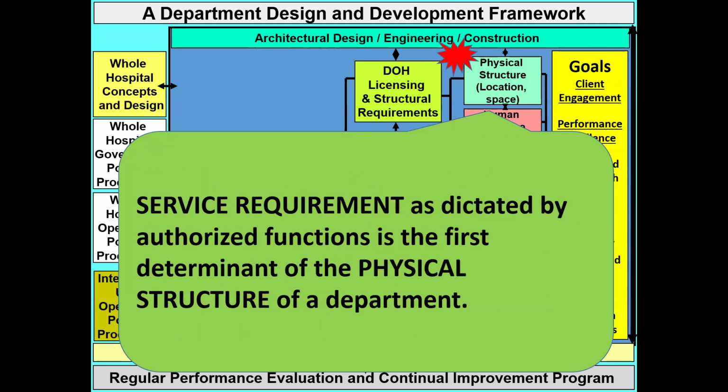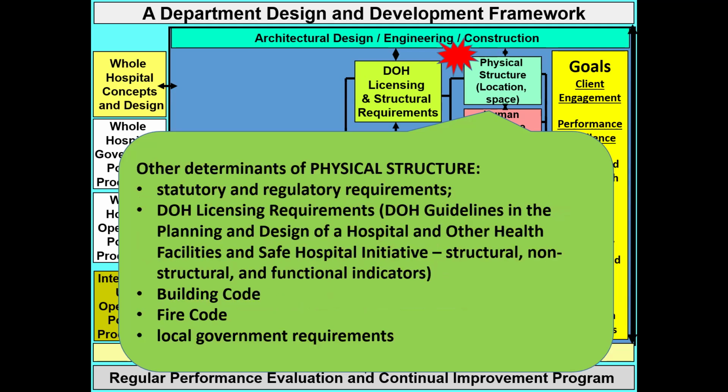The service requirements as dictated by the authorized functions is the first determinant of the physical structure of a department. The other determinants of the physical structure are the following. Number one, statutory and regulatory requirements: Ministry of Health or DOH, Department of Health licensing requirements, and then building code, fire code, local government requirements.